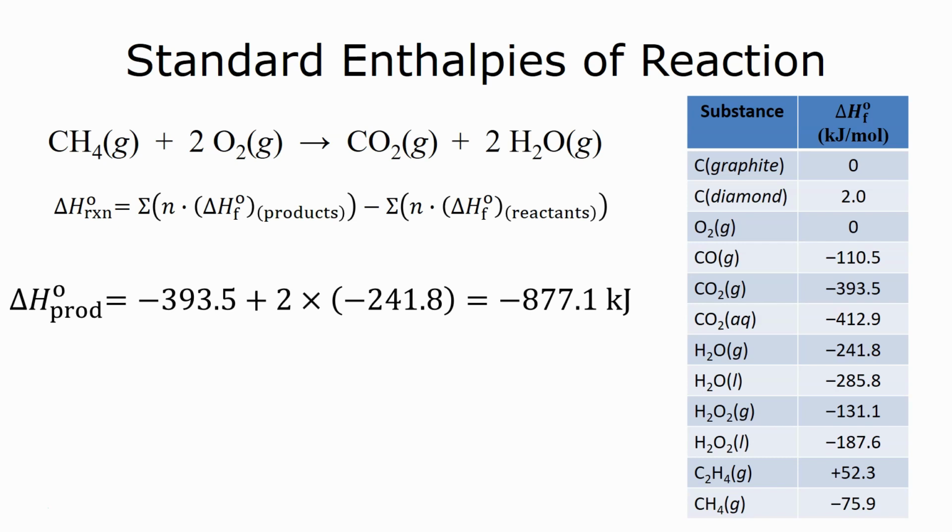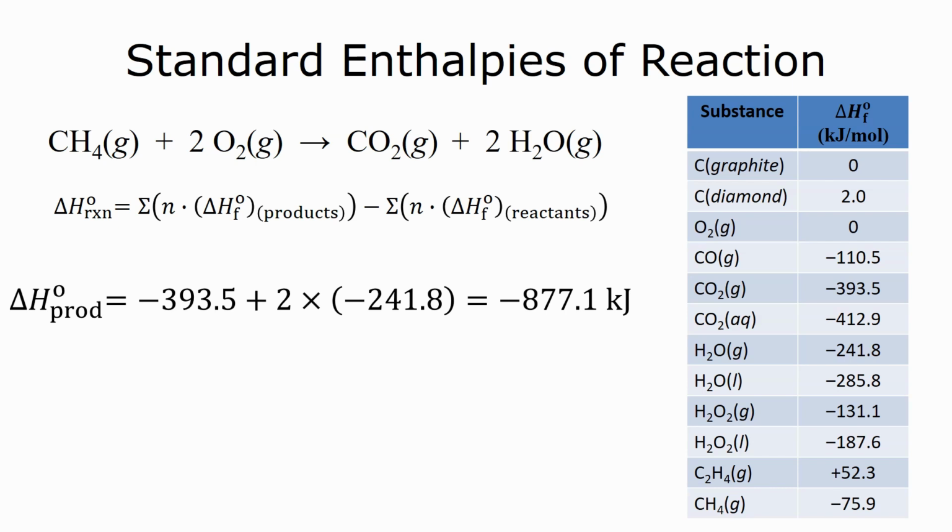Now we need to take the reactants. We have 2 reactants, methane and oxygen. Methane, well, we have to make sure we get the right one. That's CH4 in the gaseous phase, negative 75.9. Let's look at oxygen. Oxygen is in its elemental form, O2. It has a standard enthalpy of formation of 0.